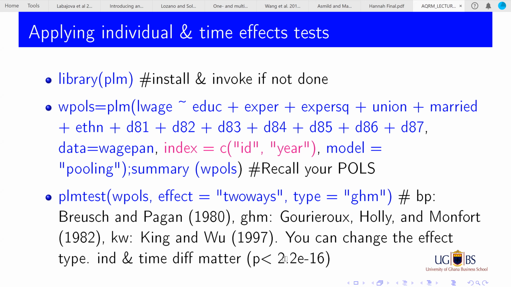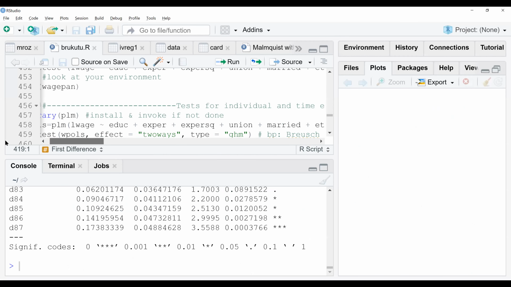You can change the effect type anytime. You can change the effect type to individual or to time. And now let's run that and see. Let's go to our R to see whether time matters or individual specific factors matter. This is it.